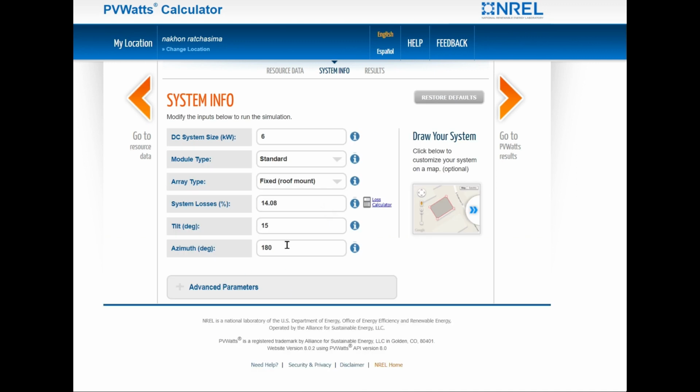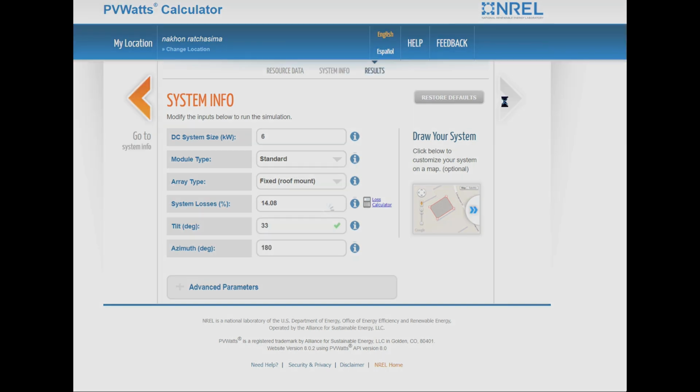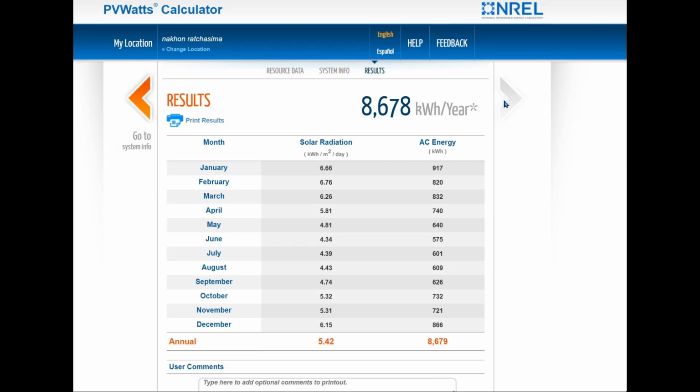And then we can look at some differences. We can do, for example, 33. So now we are tilting the panels more. In December, with this kind of tilt, the panels will be tilted towards the sun. That's the easiest way to explain it, because the sun is low in the sky, and you need a lot of tilt for it to be optimal in relation to the sun.